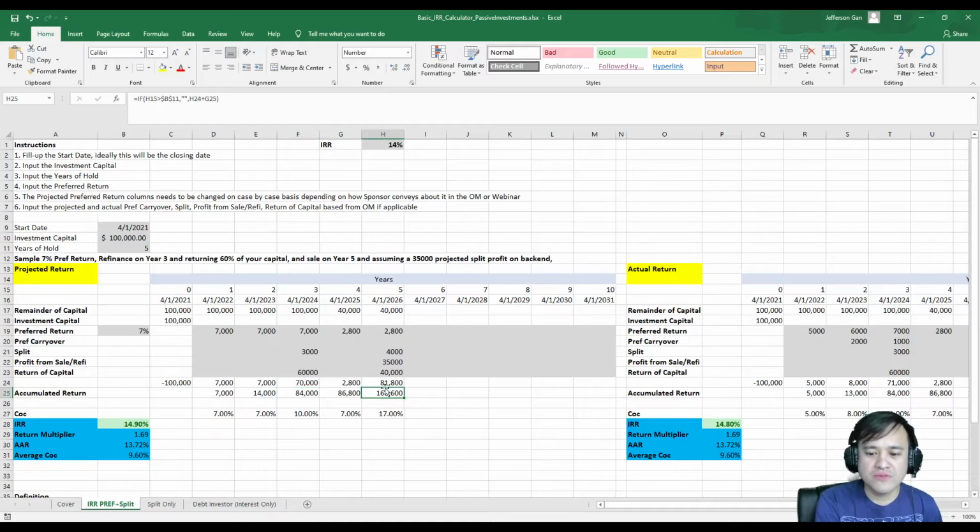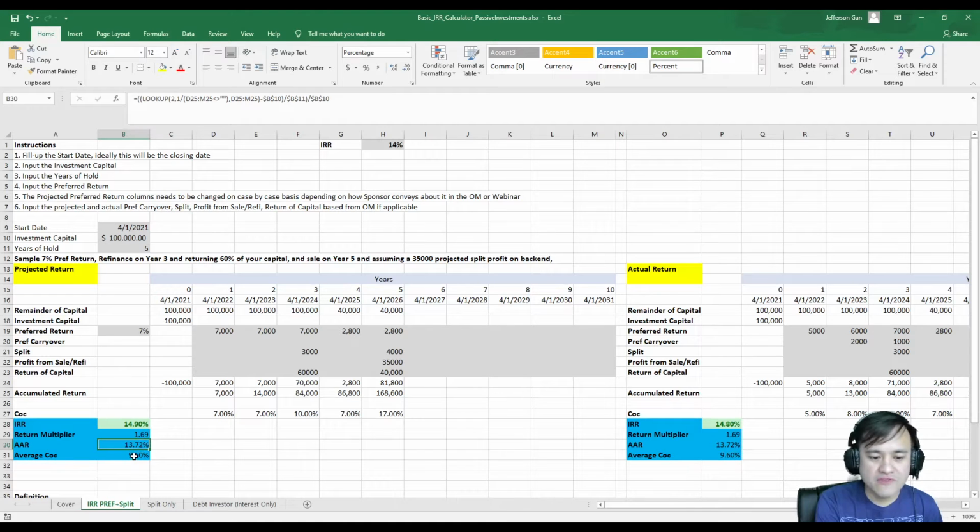Once you hit the 168,600, this includes everything, including your capital. That's why it's 1.69, meaning you earned around 69 percent over the full 5 years. Then the AAR is just 69 divided by 5.